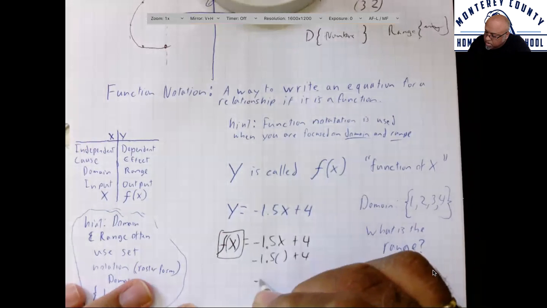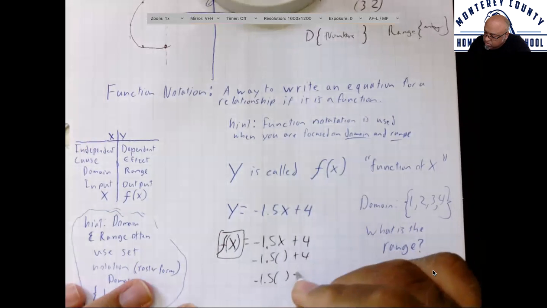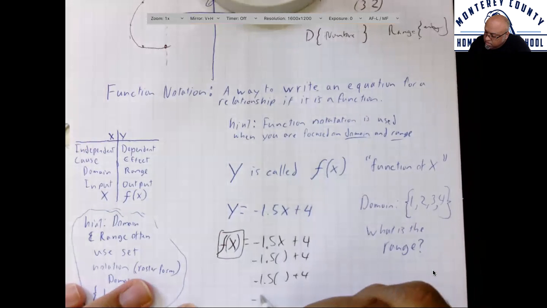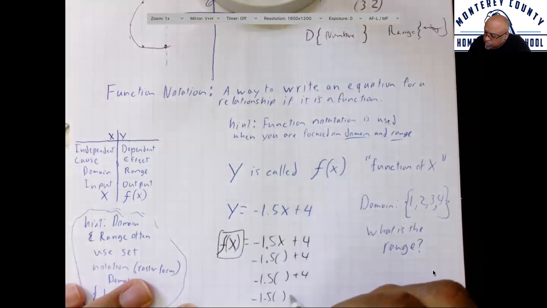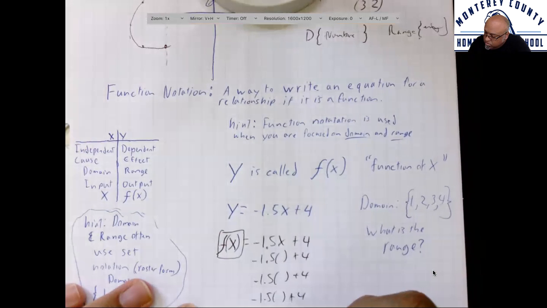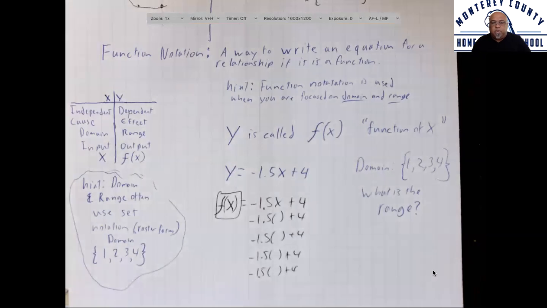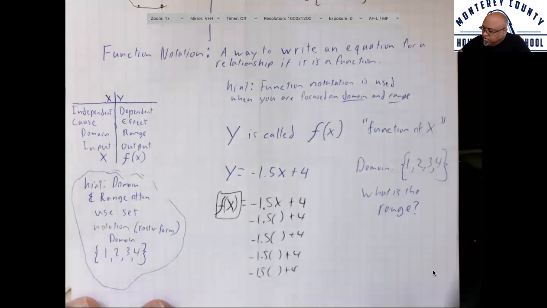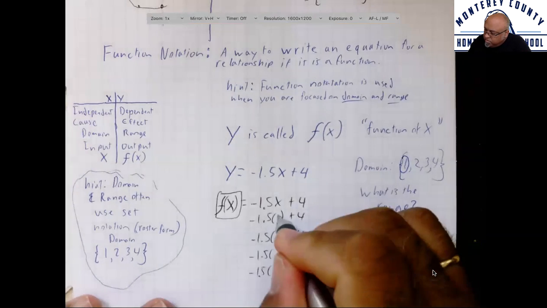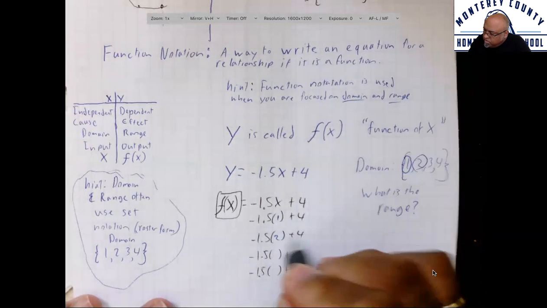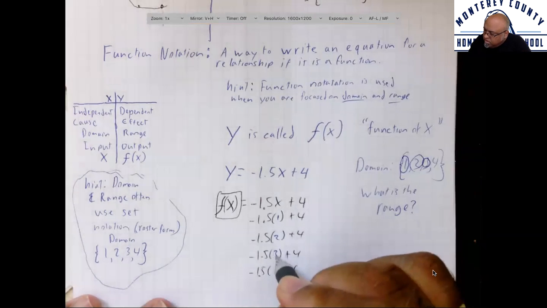So if I were to solve this, then what I would do is write my domain. I would write in my domain with the intention of solving it this many times. Okay, so my first number in the domain is 1, and then 2, and then 3, and then 4.